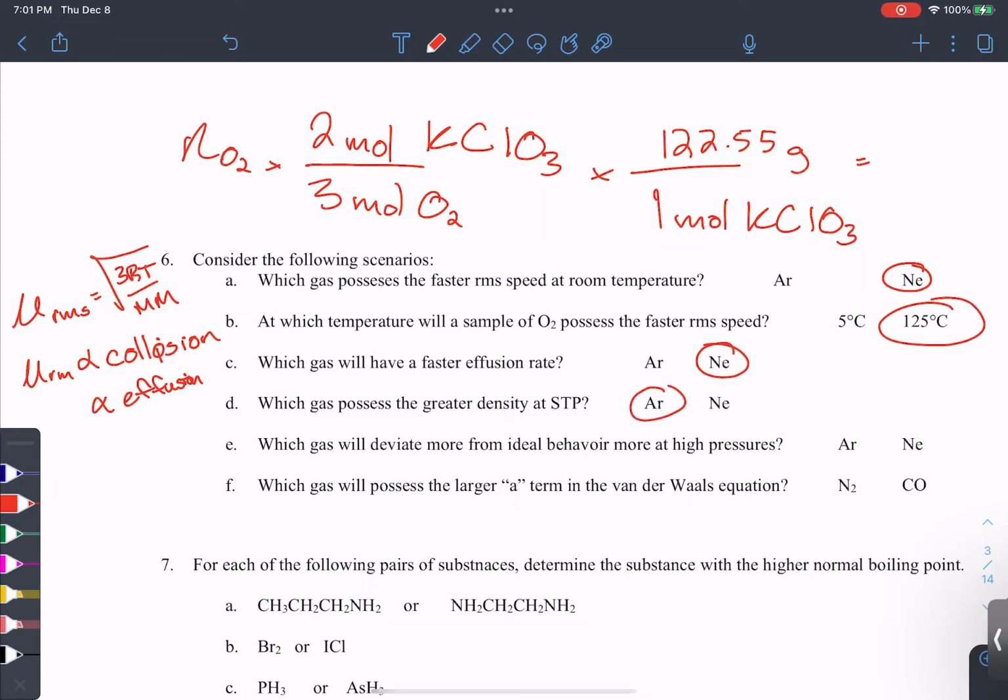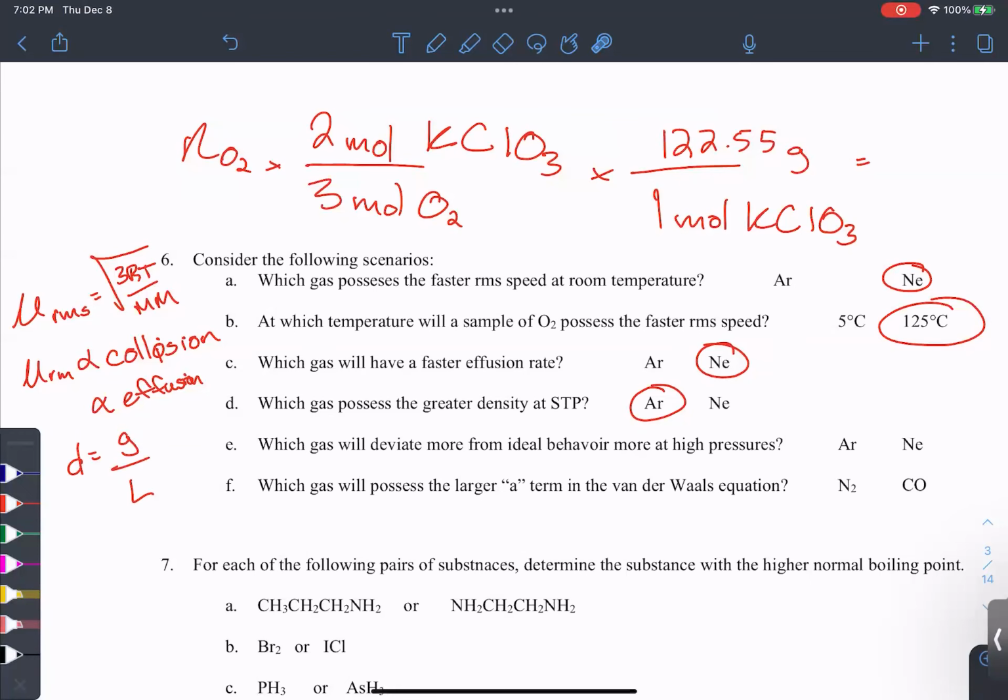Argon. Why the heavier one? Yeah, there's more mass because remember, density is grams per liter. The denominator for both of them will be the same. I don't actually have to calculate it. I just know it's going to be the same because it's the same pressure and temperature, but the gram amount is different. And so argon is heavier than neon.